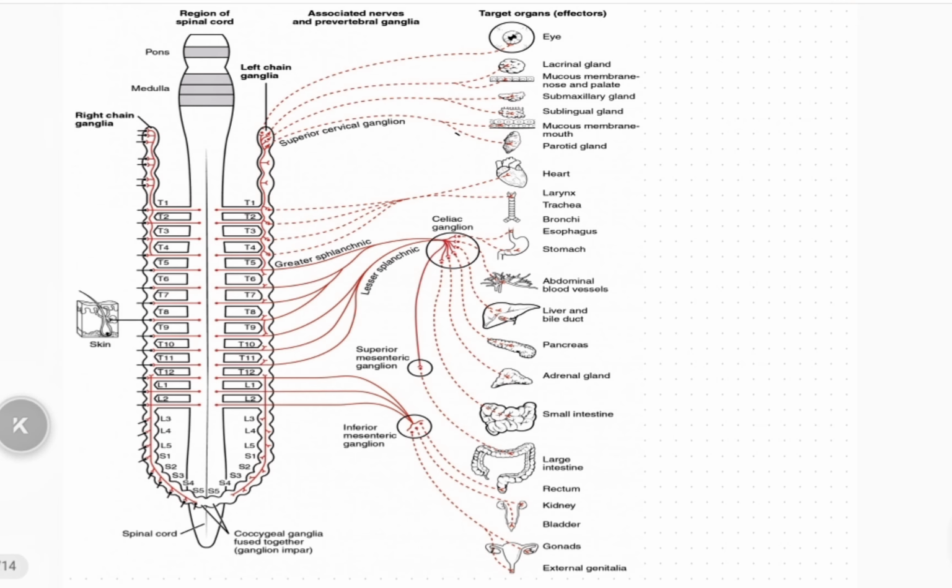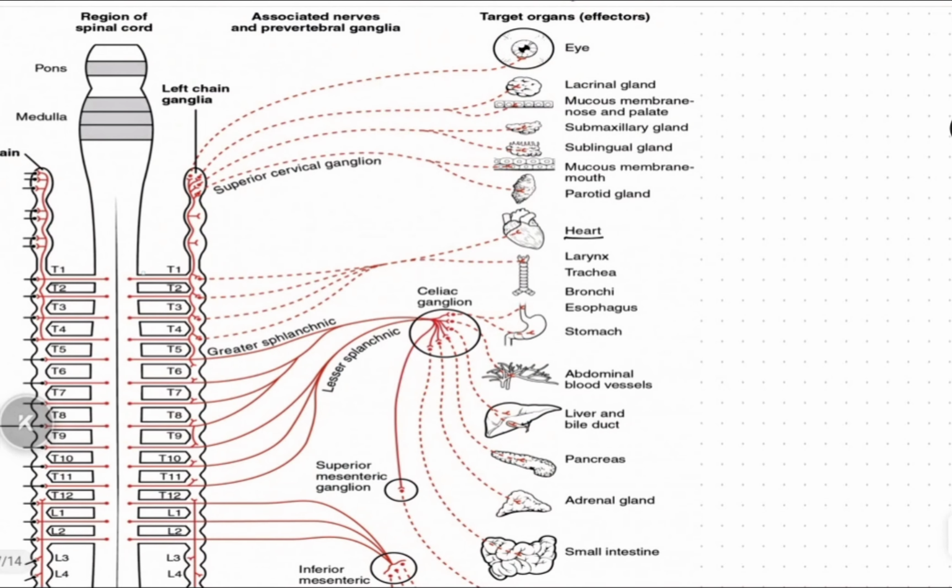So we will be discussing the parasympathetic system in a separate video. Right now we are focusing on the sympathetic system. So as you can see here, the origin point of the sympathetic neuron is from the lateral horn of the spinal cord. Okay, and as I mentioned to you earlier, the preganglionic sympathetic nerve fiber can have many routes.